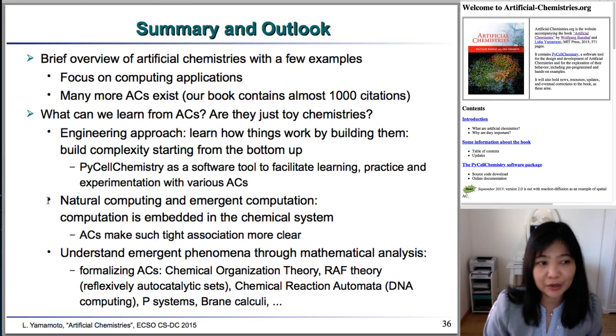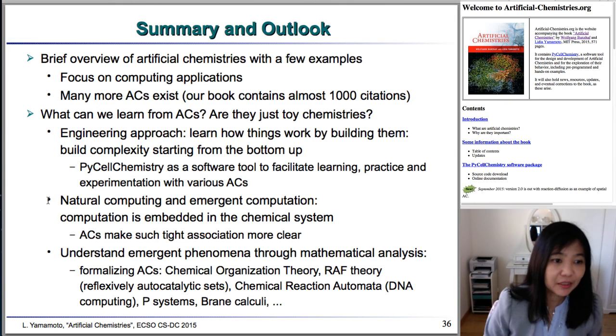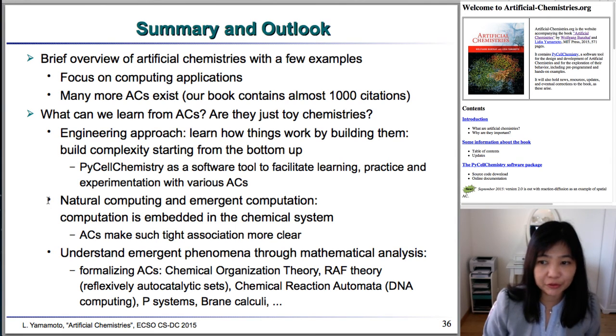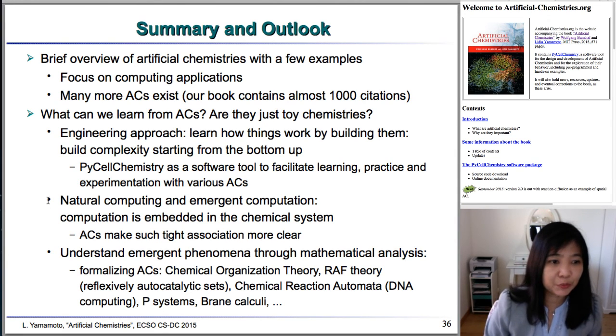There is no way around it in artificial chemistries, so it makes this emergent aspect much more clear and worth exploring. And a third aspect, which I think deserves more attention, and which unfortunately I didn't have time to speak much about today, is to understand emergent phenomena, through formal approaches to artificial chemistries like chemical organization theory and others.